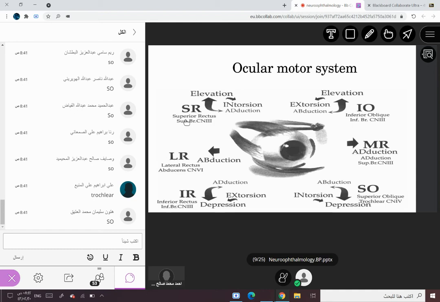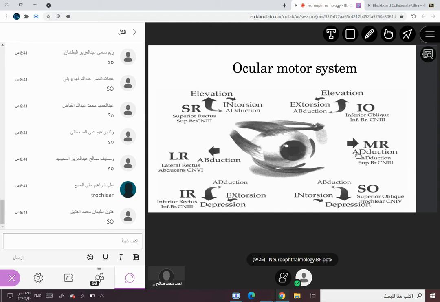To clarify, all the muscles here are elevators, and all the muscles here are depressors. The muscles in the horizontal line have mainly one action: abduction for the lateral rectus and adduction for the medial rectus.